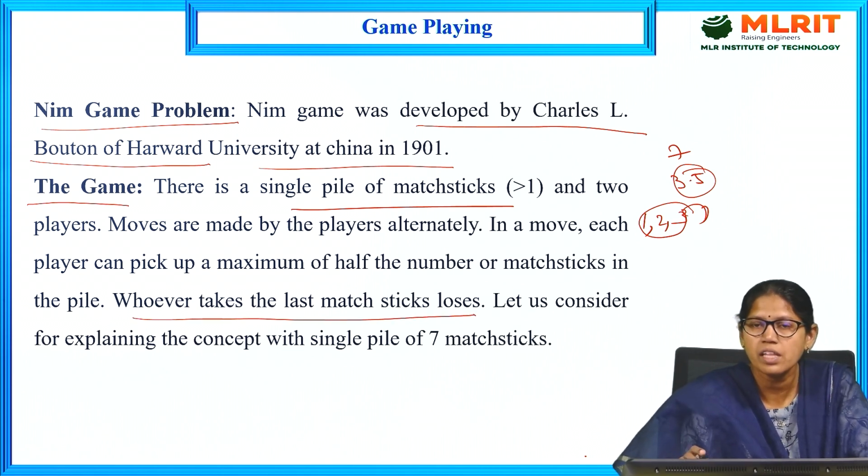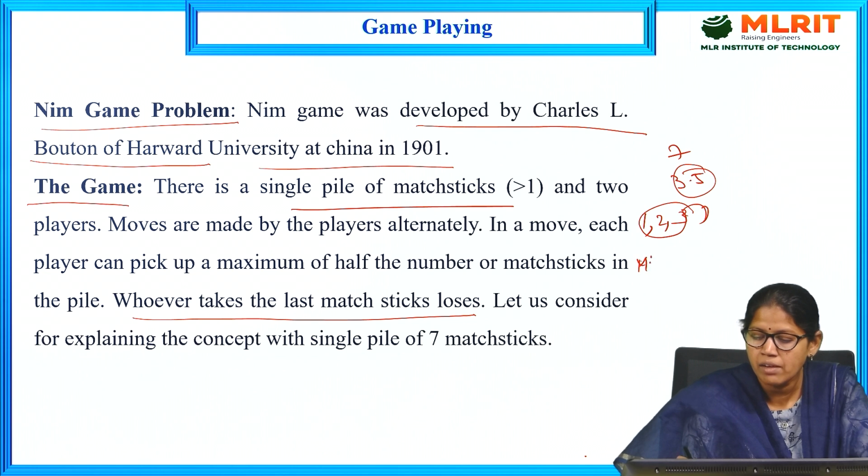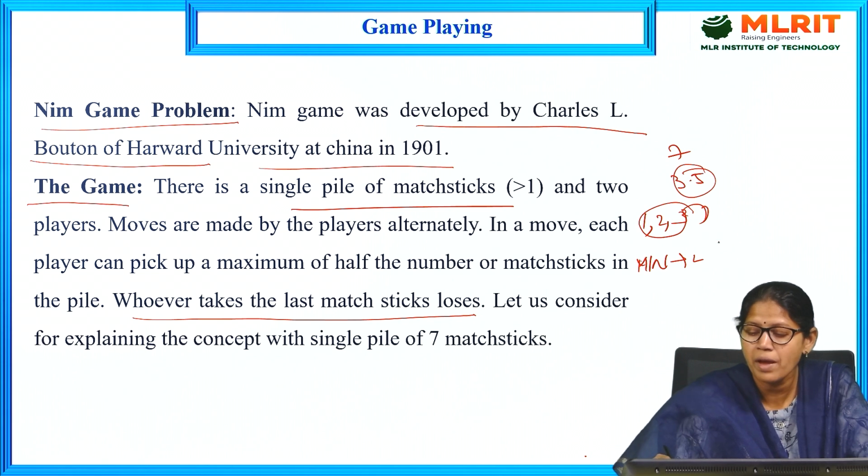So here the status labeling will be applied according to the max point of view. Try to understand here. At a min level, min is picking the last matchstick. So min is the loser. According to max point of view, it is win. Max is win and min is lose.